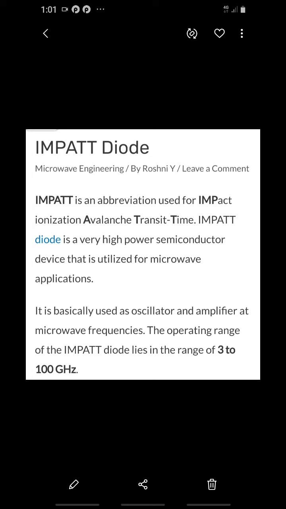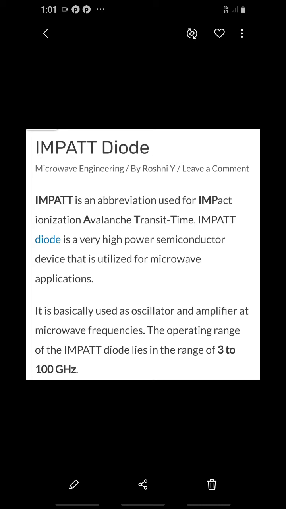Next, working of impact diode. IMPATT is an abbreviation used for impact ionization avalanche transit time.